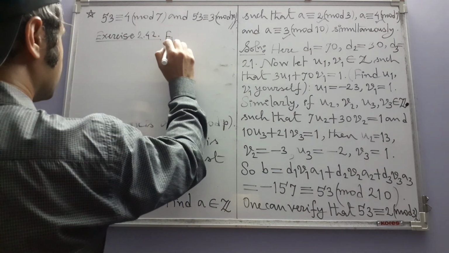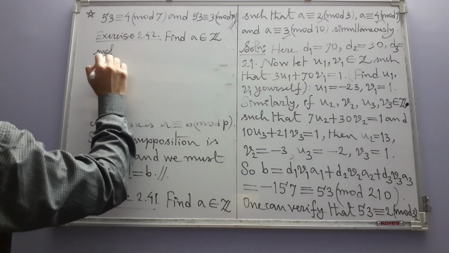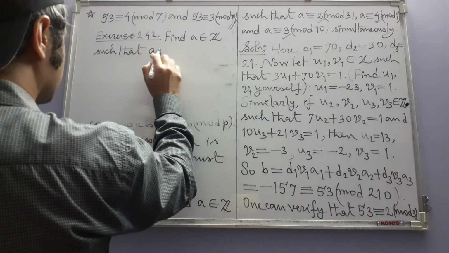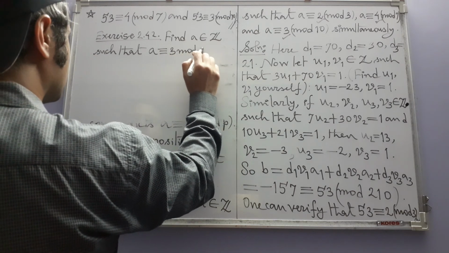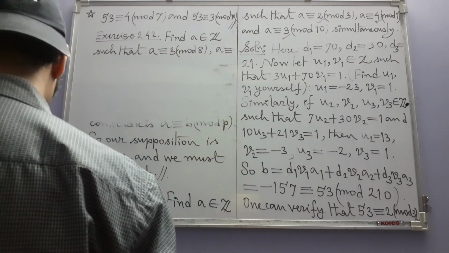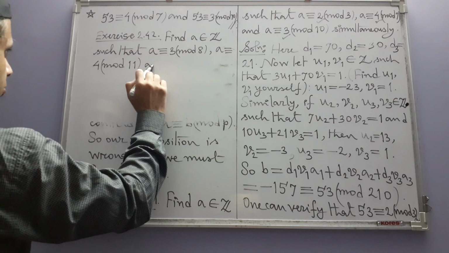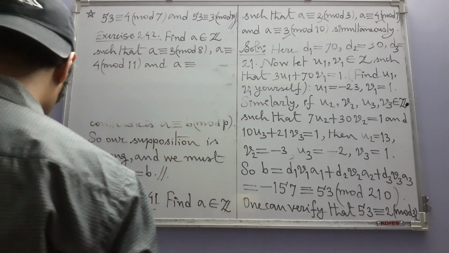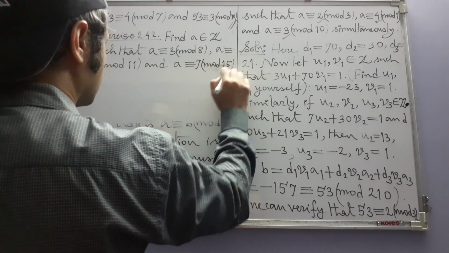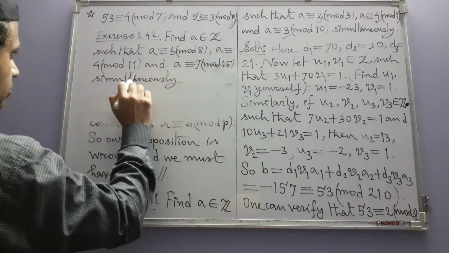Find integer a such that a is congruent to 3 modulo 8, also a is congruent to 4 modulo 11, and a is congruent to 7 mod 15, simultaneously.